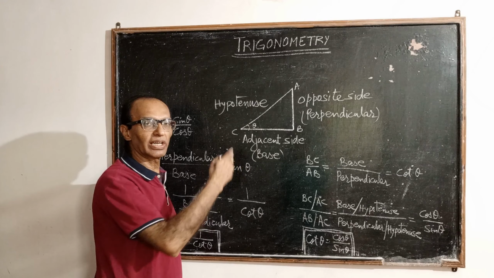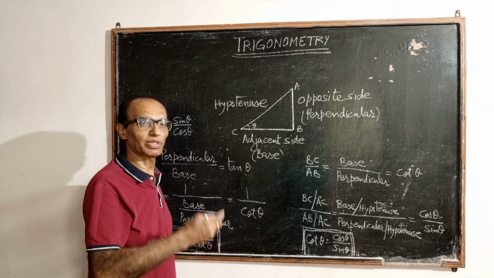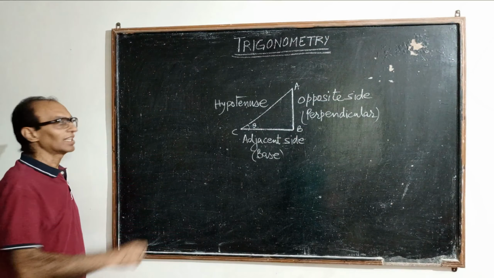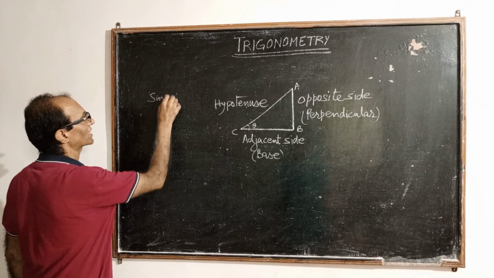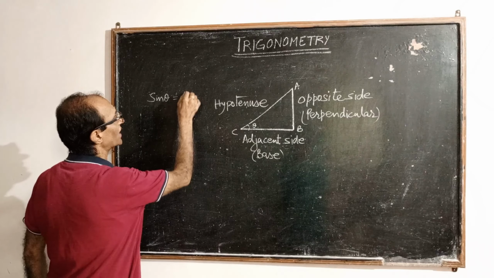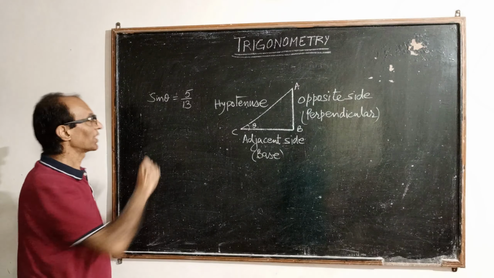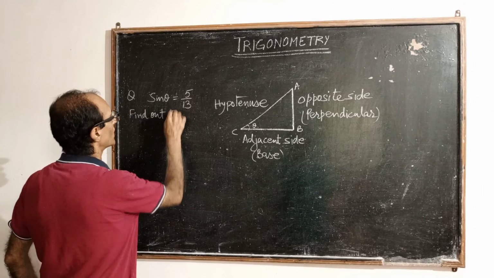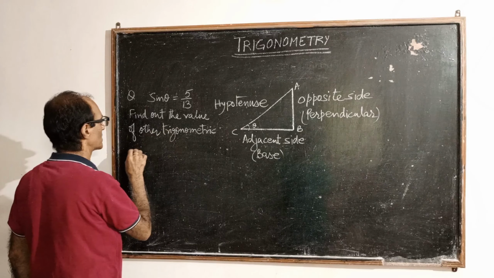Now to make it clear, let me take up one or two examples so that it may give you a clear indication. Let us say that you are given a question that sine theta is equal to 5 upon 13, and you are asked to find out the value of the other trigonometric ratios.